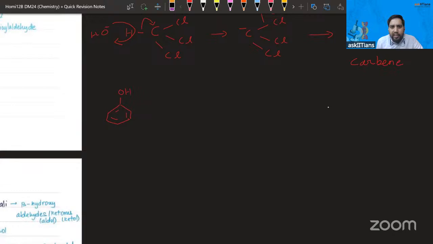Phenol reacts with NaOH. Okay, we have taken KOH, so we can take KOH. Phenol is an acid. It is going to provide O negative, K positive, plus H2O. So this is potassium phenoxide.